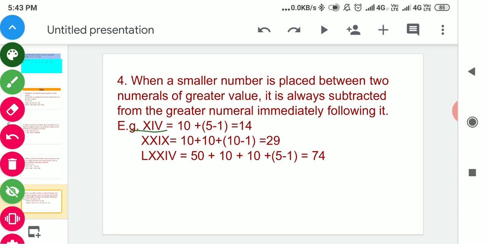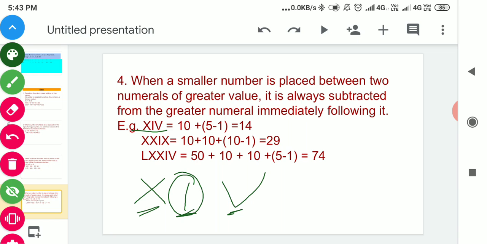According to this rule, what is given? The smaller number I is placed between the bigger values X and V. I is smaller than X and V. So according to this rule 4, we will subtract this smaller value from the greater value immediately following it.